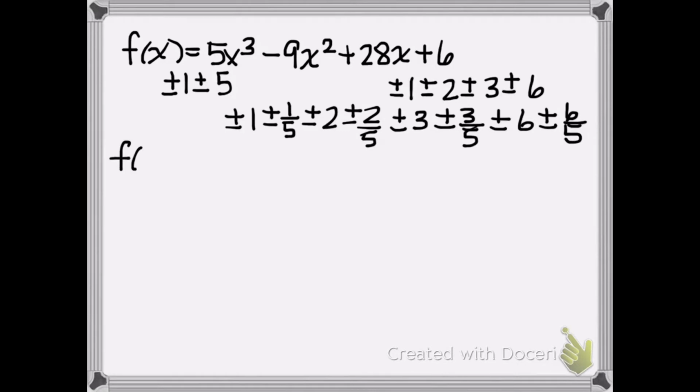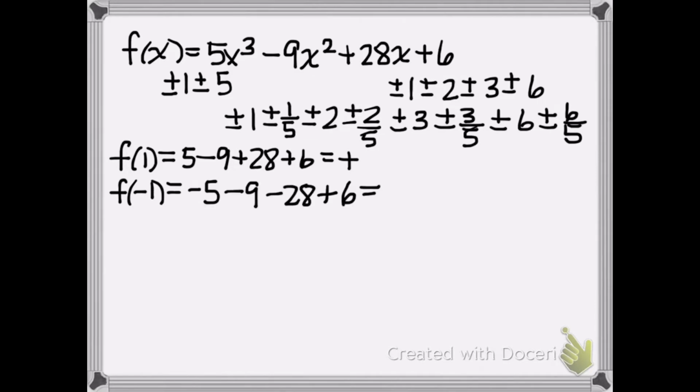I'll try f of 1, and that'll be 5 minus 9 plus 28 plus 26, which is clearly a non-zero value that is positive. F of negative 1 is clearly a non-zero value that is negative.